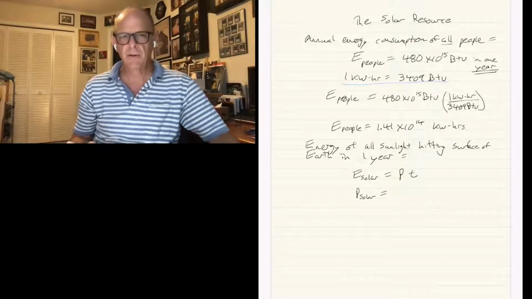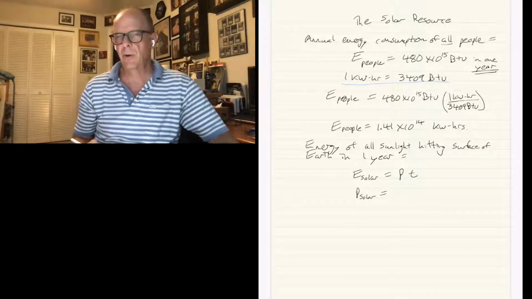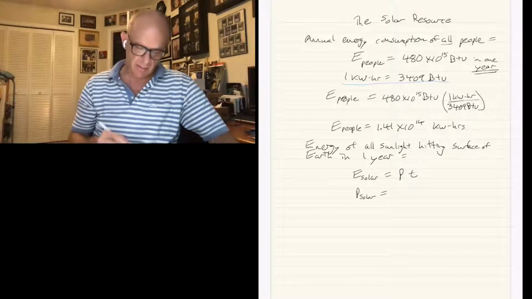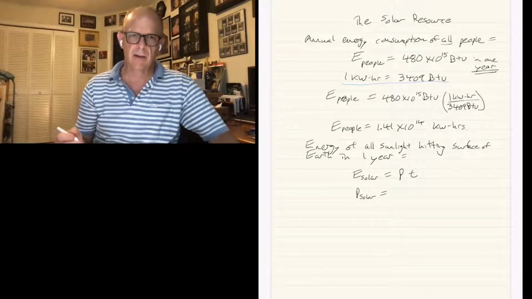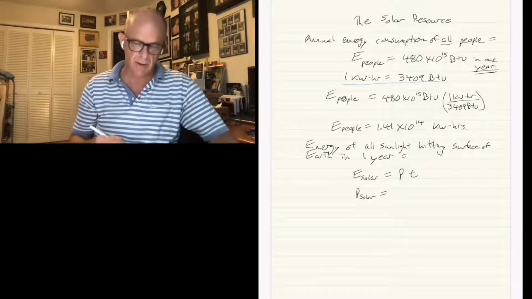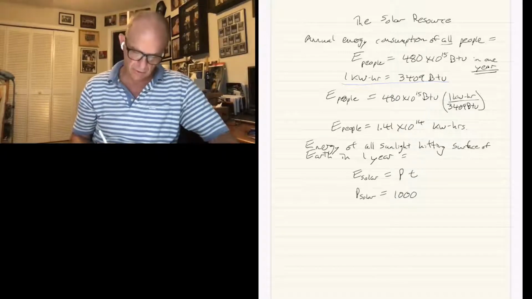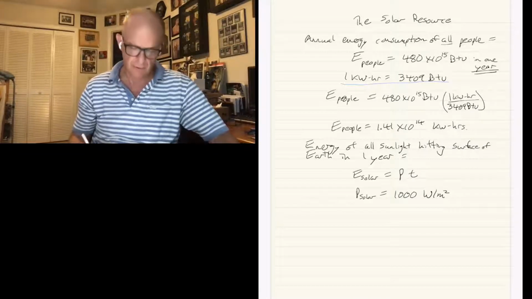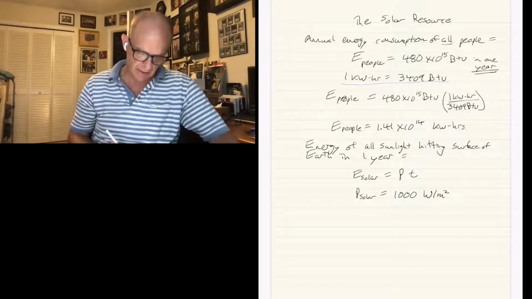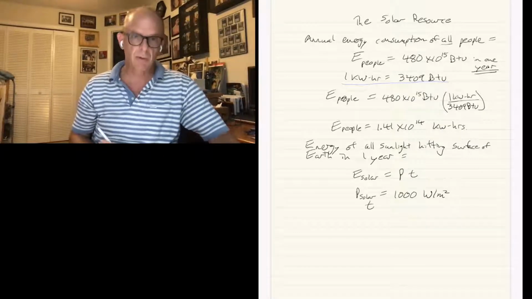So the power of the sunlight is 1,360 watts per square meter out in space, but because some of that is absorbed in the atmosphere, we're just going to use our number of 1,000 watts per square meter at the surface of the Earth. And because that's per area, I'm going to need to multiply it by an area.